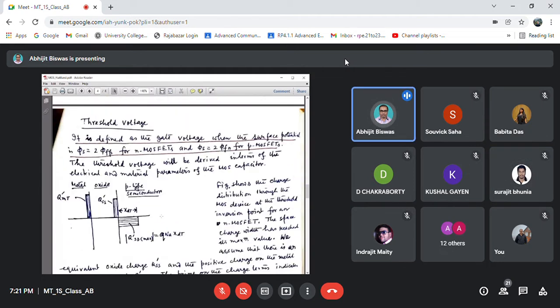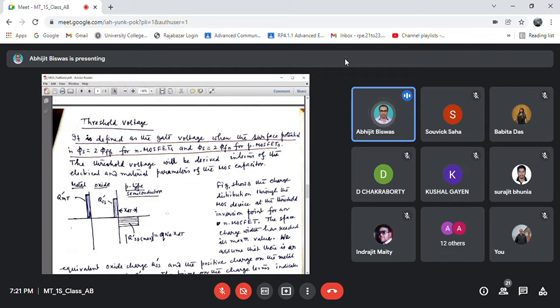So now I come to the threshold voltage. Threshold voltage is another very important electrical parameter pertaining to MOSFET. In the case of the bulk type of MOSFET, it is defined as the gate voltage when the surface potential phi s equals 2 phi fp for n channel MOSFETs, and phi s equals 2 phi fn for p channel MOSFETs.